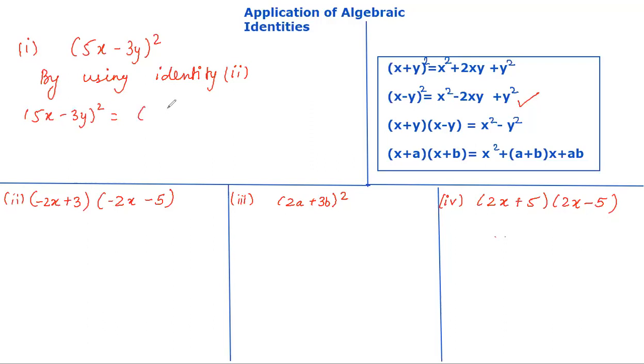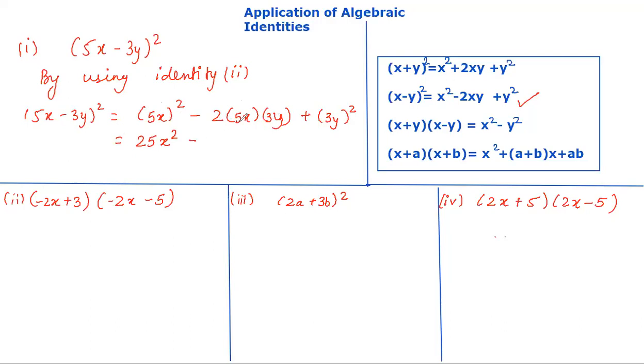That will be the first term square minus twice the first term and the last term plus the last term square. And that will be nothing but 25x square. We have to do the square of the number also, the coefficient, and the variable also.